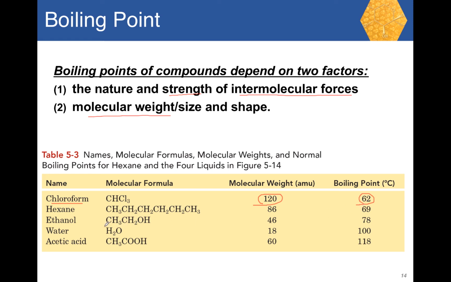On a relative scale, however, water, which has, as you can see here, a molecular weight of 18, has a boiling point of 100 degrees. It's much higher. So the question now is, why is it that chloroform, which has a molecular weight a lot larger than water, has a boiling point much lower than that of water?